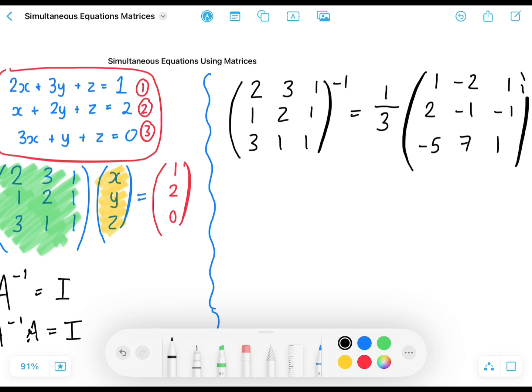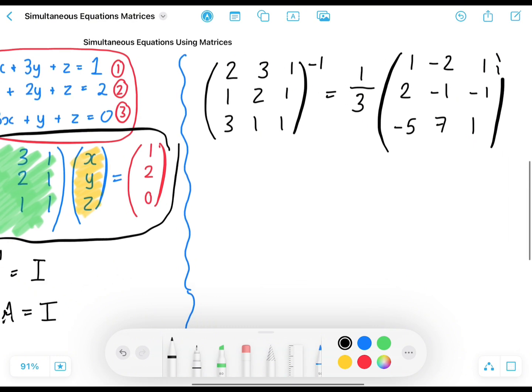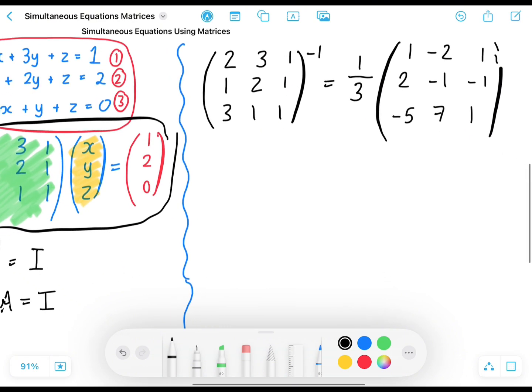That's the inverse of that matrix. So what we're going to do is multiply both sides of this equation here by the inverse matrix, in order to make x, y, z the subject.